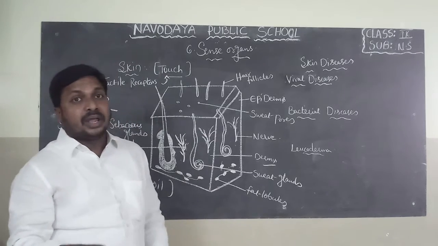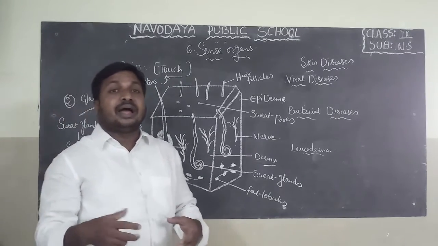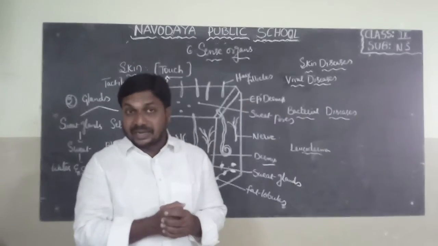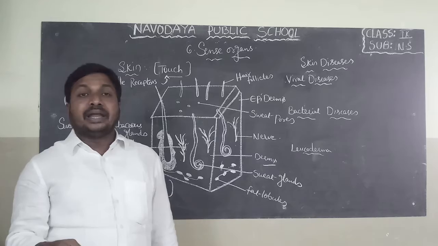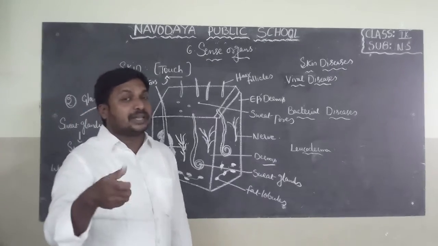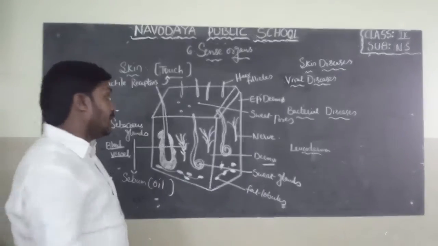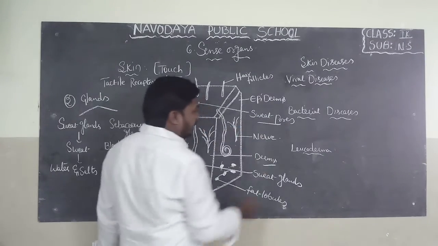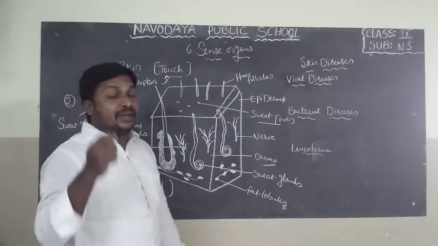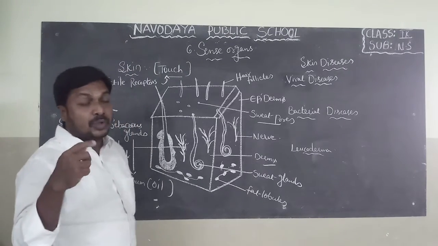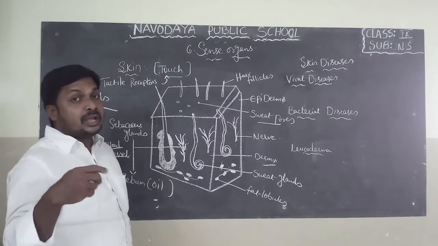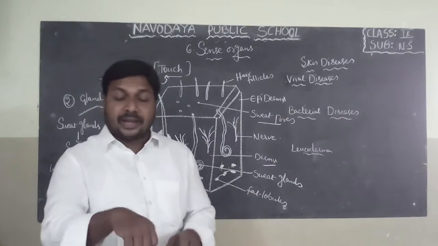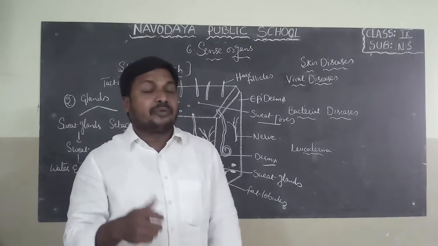Now I will explain. During severe hot conditions, the blood gets heated up, and so the waste materials present in the blood get evaporated and come outside through pores known as sweat pores. When the temperature is very high, we produce more sweat. Below the skin we can find blood vessels.